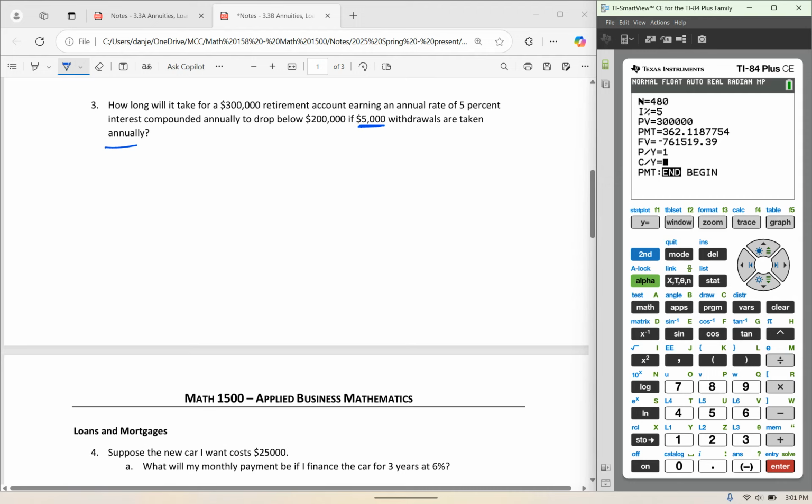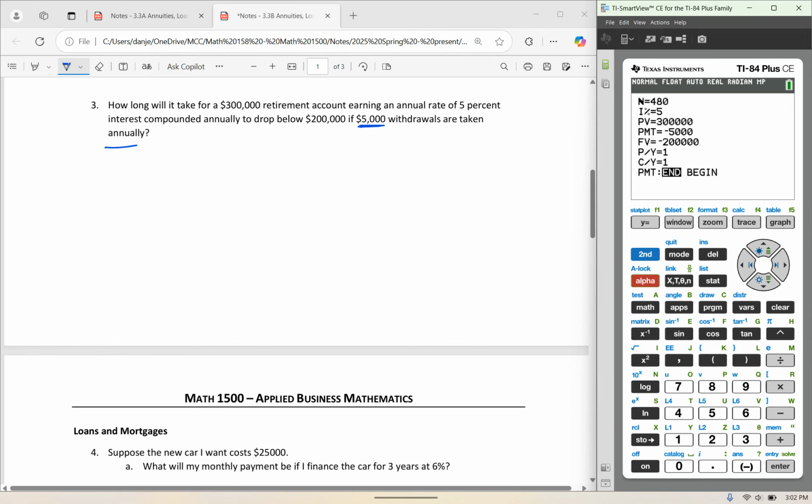So let's go back up and say, how long is this? The question is, how long will it take for that investment of $300,000, where I'm withdrawing $5,000 a year, to get down to $200,000 in value?